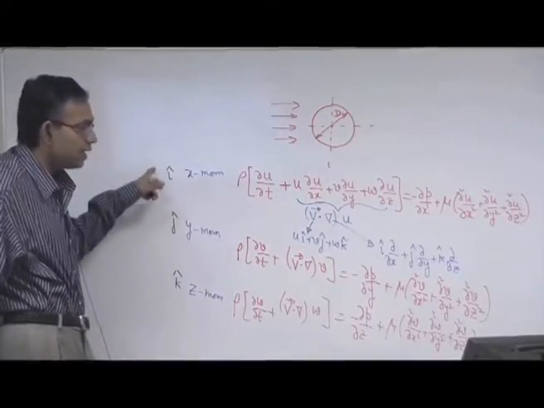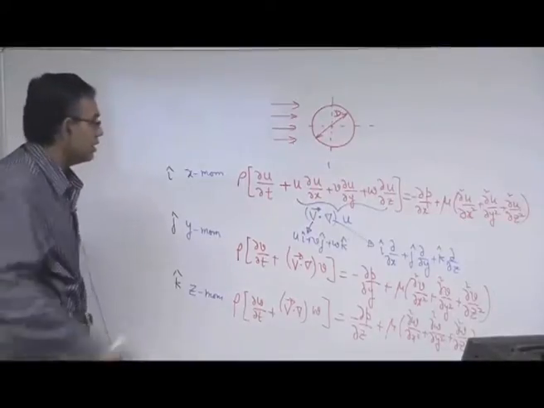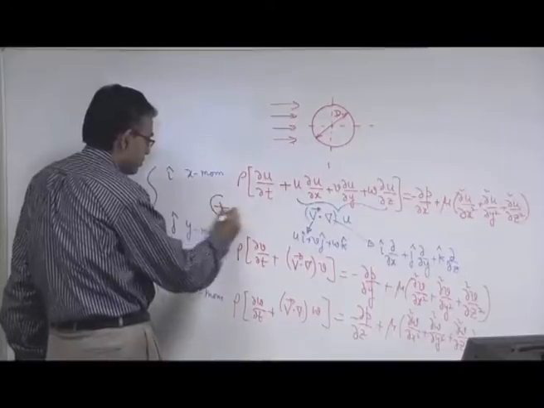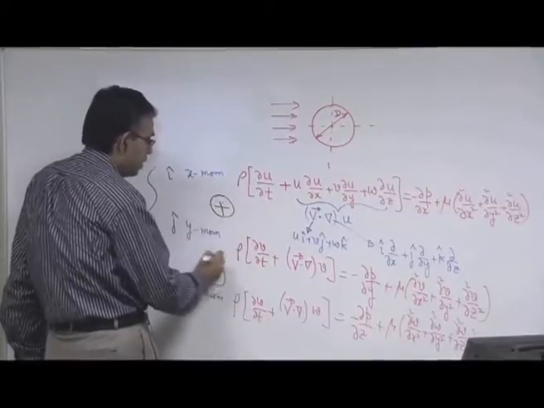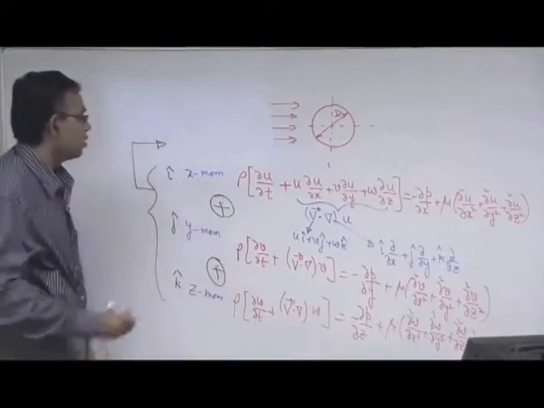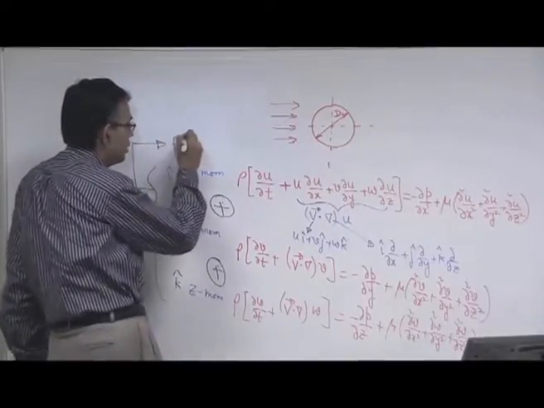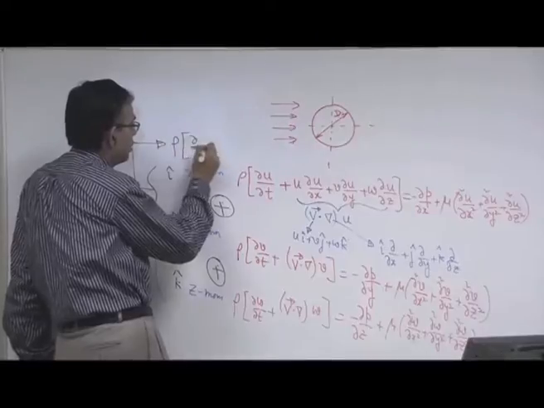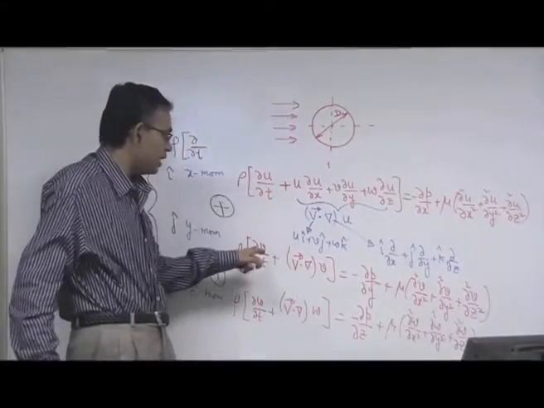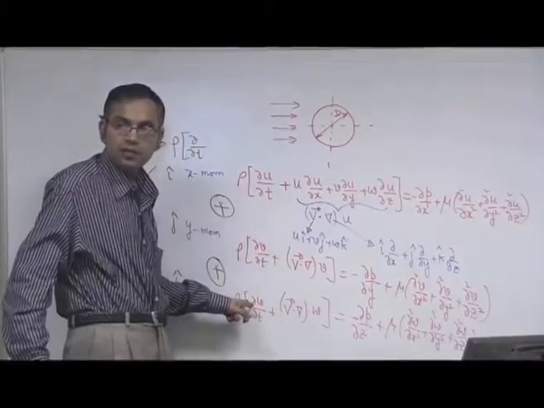So, that gives the vector sum of the 3, and if you do that, then what you get, rho del del t of u I cap plus v j cap plus w k cap.